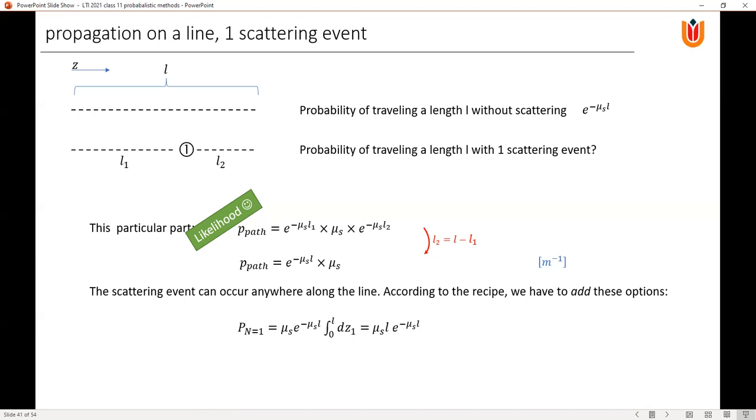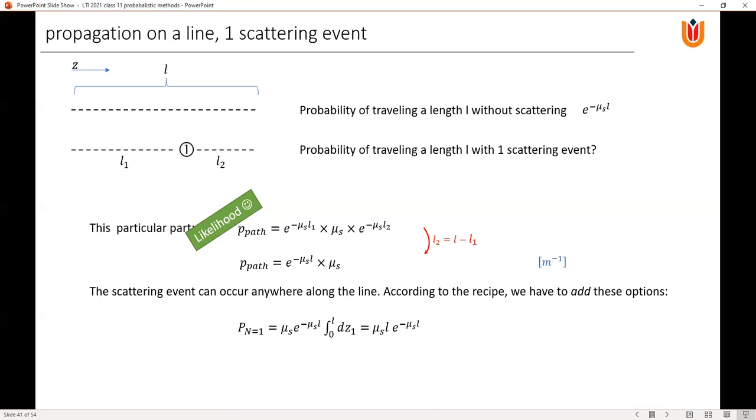The total probability of transmission along that line with one scattering event is μs times, so just this factor, but then accounting for the fact that the position can be anywhere between 0 and L. So it can take place immediately at 0, or at L at the end. We have to integrate all these probabilities, and that would add a factor L. So this would yield a factor L.